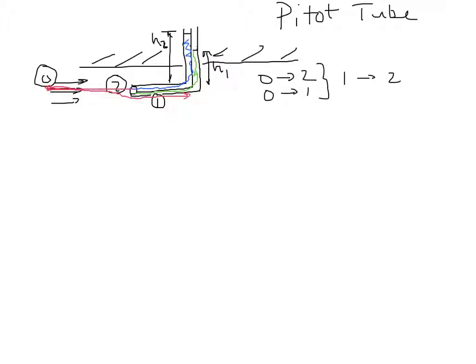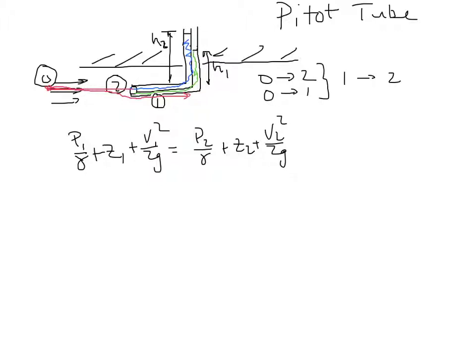Now more generally, when we introduce the idea of irrotational flow, I'll justify the use of the Bernoulli equation like this a little bit more broadly. But for now I'm just going to set it up going from point 1 to point 2. So P1 over gamma plus Z1 plus V1 squared over 2g is equal to P2 over gamma plus Z2 plus V2 squared over 2g.